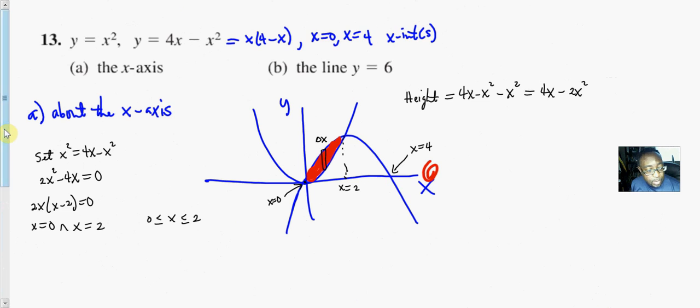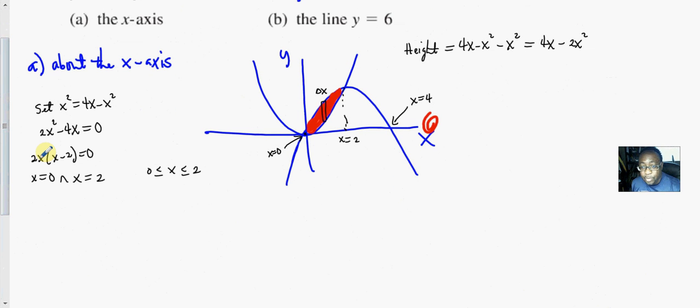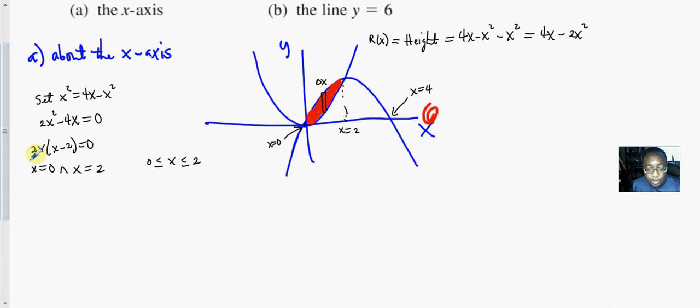Oh, by the way, that's just the radius. And so this is revolving about the so-called x-axis. Right? So what you're looking at is something that's doing that.